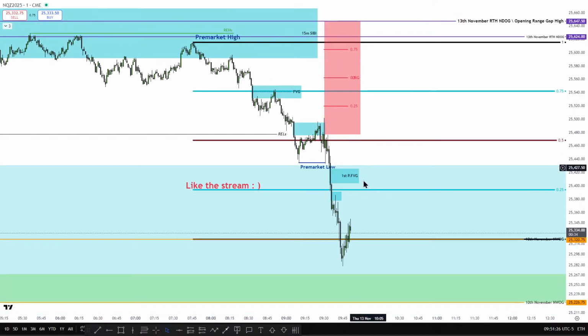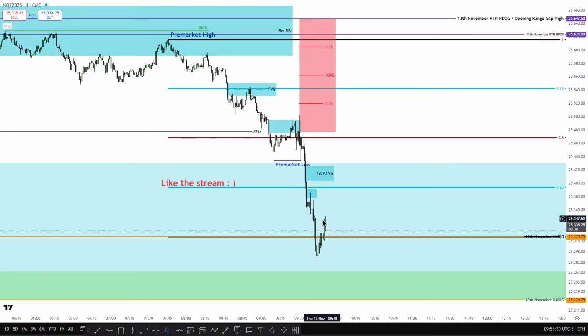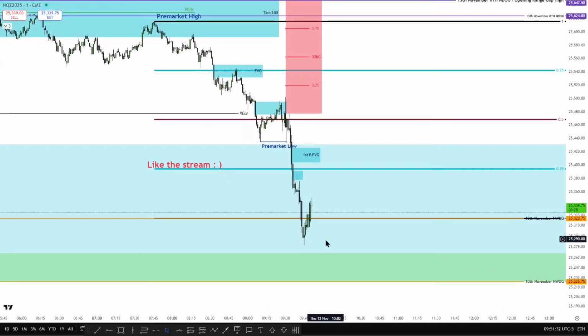Potential layup for a market maker model, but I wouldn't consider it yet until we fill in this void. Like we mentioned at the start of the stream, to see this be a market maker buy model, I'd want the new week opening gap to be filled, not just trade up from here. I don't really care to see it trade that high.